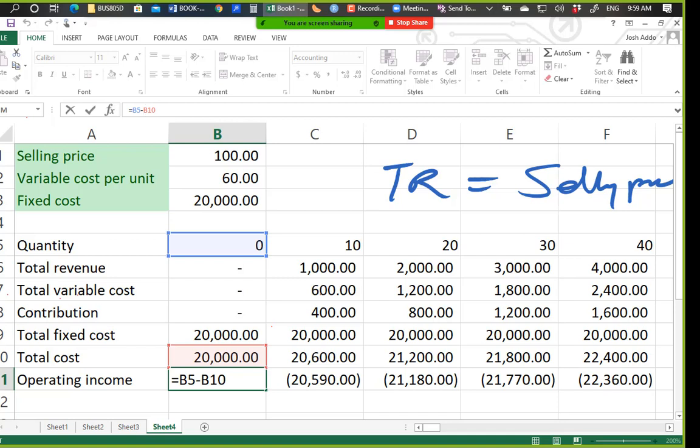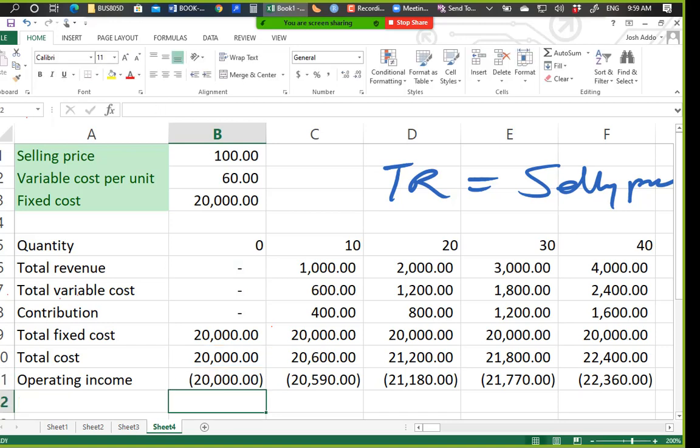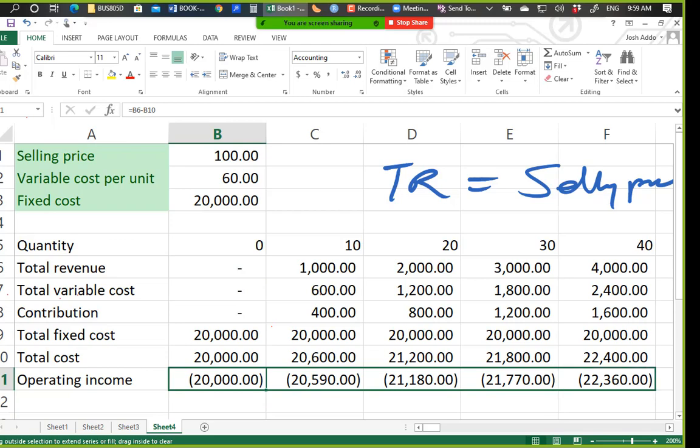If I hover my mouse around the borders, you see this cross, it means I can hold and reposition it, so I can take it here. Once I do that and press enter, the formula will recalculate. But what it means is that it is only this one which will be correct for now. I have to drag it again across for it to be correct.